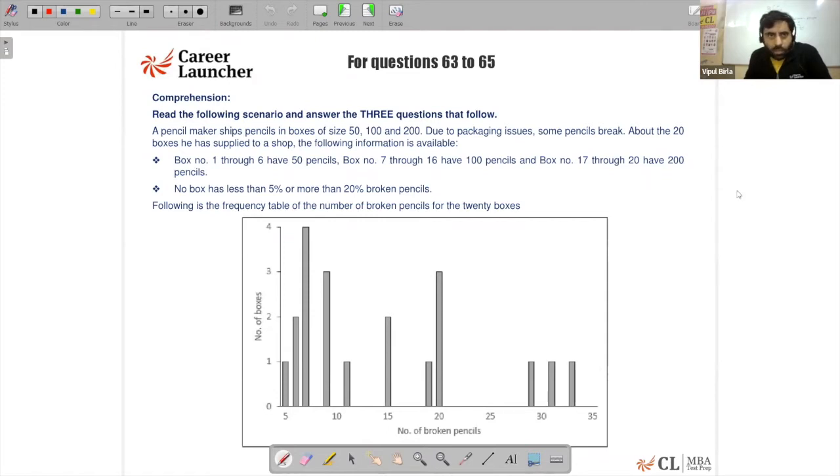About the 20 boxes he has supplied to a shop, the following information is available. Boxes 1 through 6 have 50 pencils, 7 to 16 have 100 pencils, and 17 through 20 have 200 pencils.